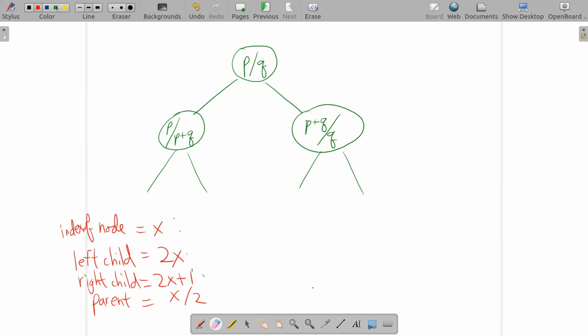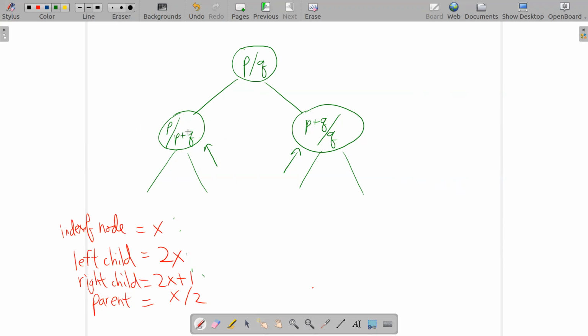The second part is to look at this relationship. If I'm at a node, I know I can get to my parent from the index with x over 2, whatever index it is, I can divide by 2. But I know how to go from a node to my left and right child in terms of the fractions, so how do I go back up?